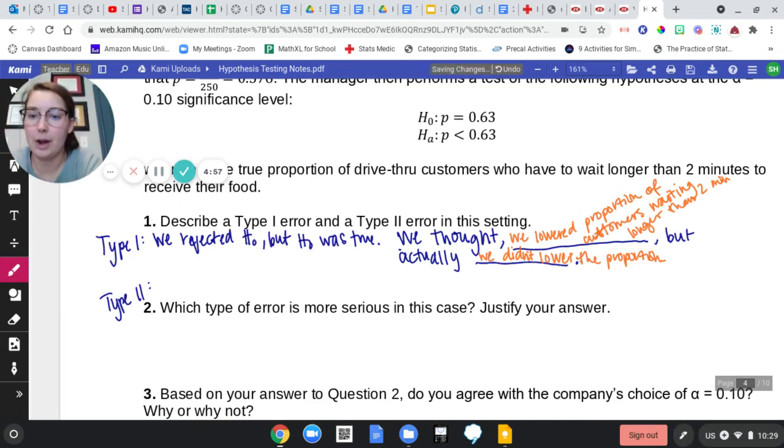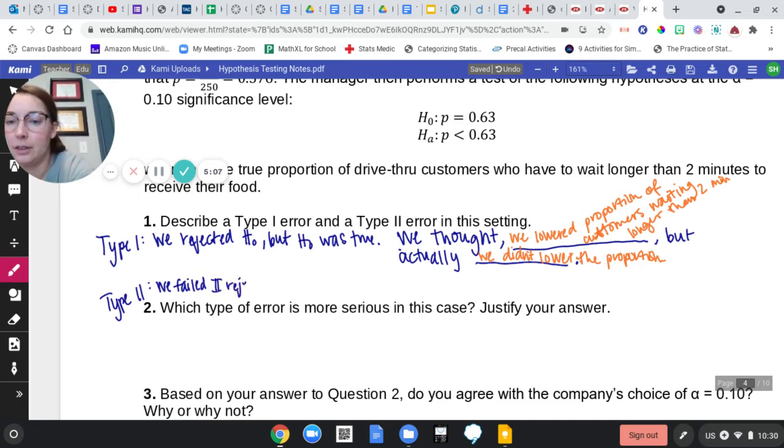I like to write this beginning part. Type 2, we failed to reject the null. Maybe Coach Owings already did that. If not, I'm not that creative. We failed to reject the null, but the alternative was true.